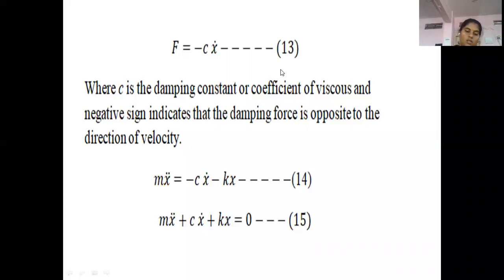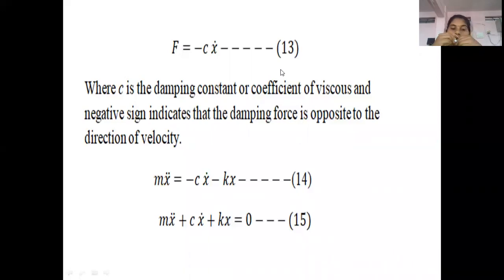Okay, so write down this: where C is the damping constant, or coefficient of viscous damping, and the negative sign indicates that the damping force is opposite to the direction of velocity.